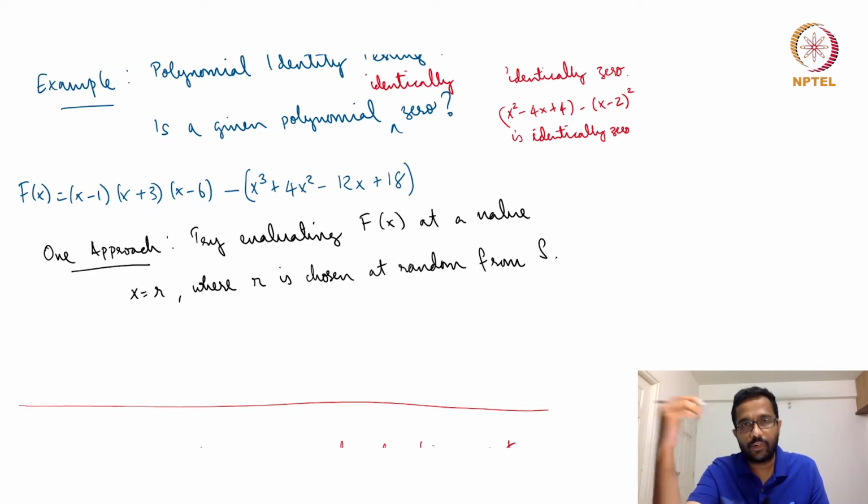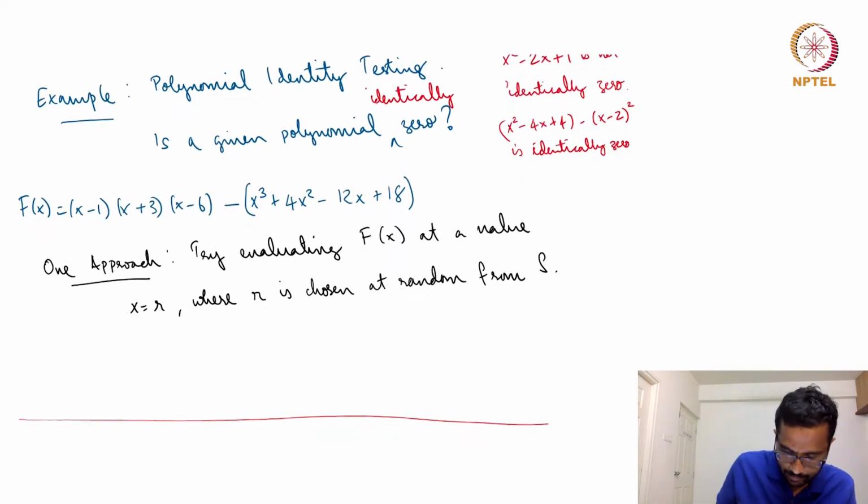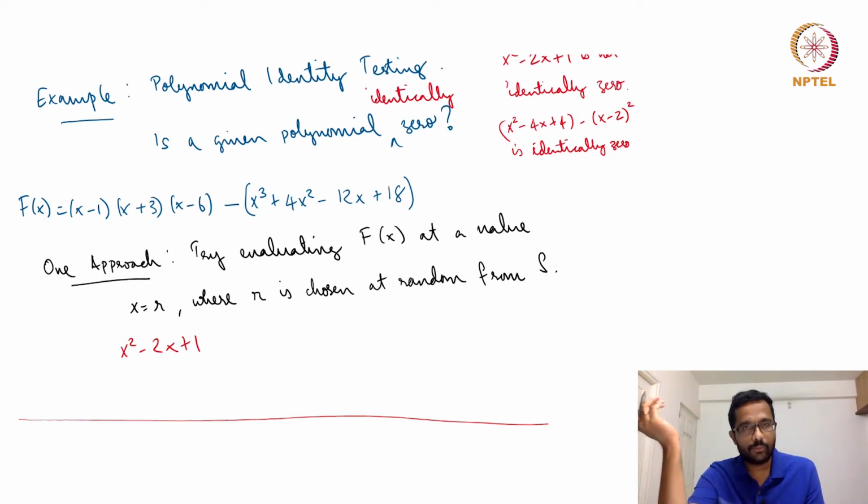If it evaluates to non-zero, you say it's a non-zero polynomial. Let's see what the success rate and the failure rate are. Let's take the earlier example, x squared minus 2x plus 1. If you happen to evaluate this at x equal to 1, you will get 0, and then you will report that this is the 0 polynomial.